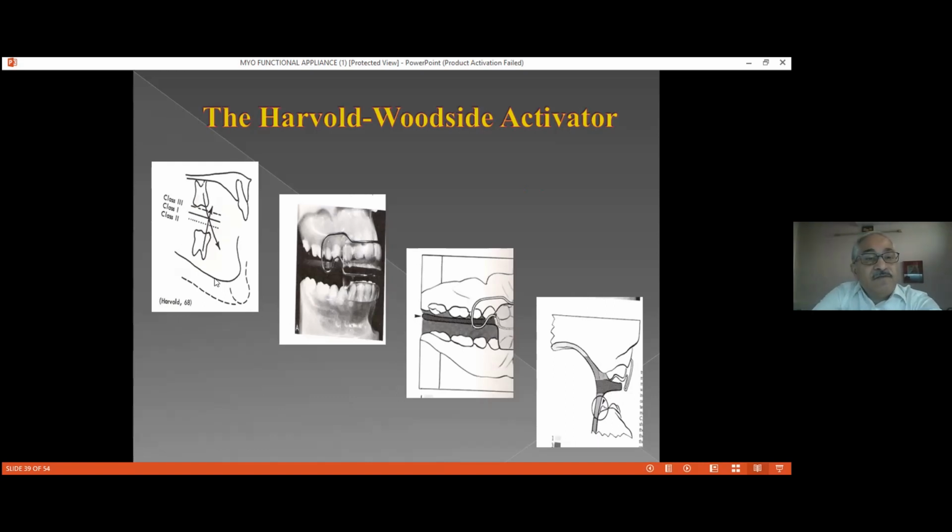Same way, in class 2 malocclusion, we keep the acrylic near to the maxillary arch. In the class 1, we keep the maxillary and mandibular at the similar distance. And further in class 3, we keep it away from the maxillary arch, more near to the mandibular buccal segment.